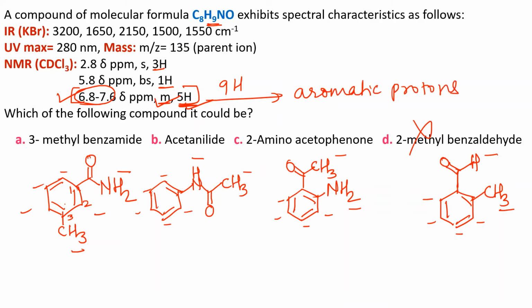Aromatic protons means protons which are present on the ring. That means as per this data, the ring has 5 hydrogens.